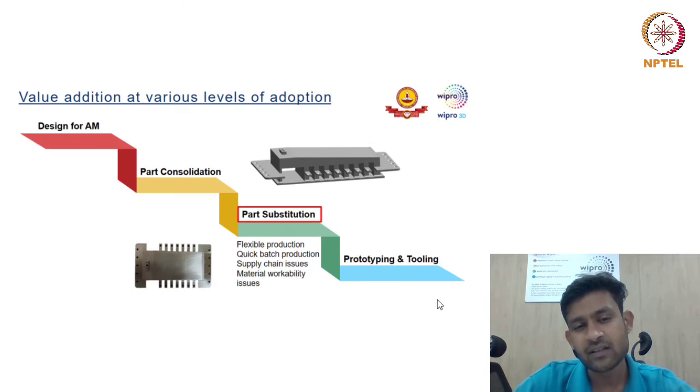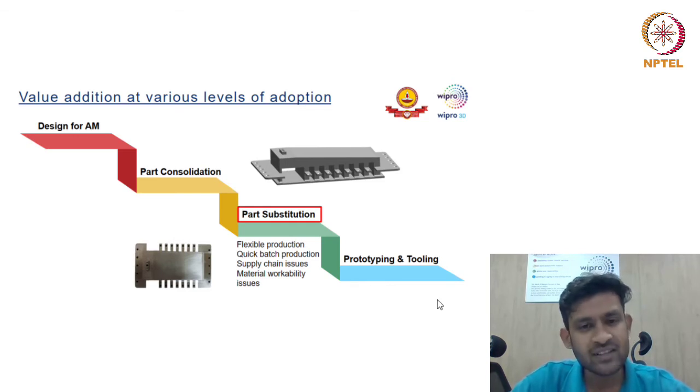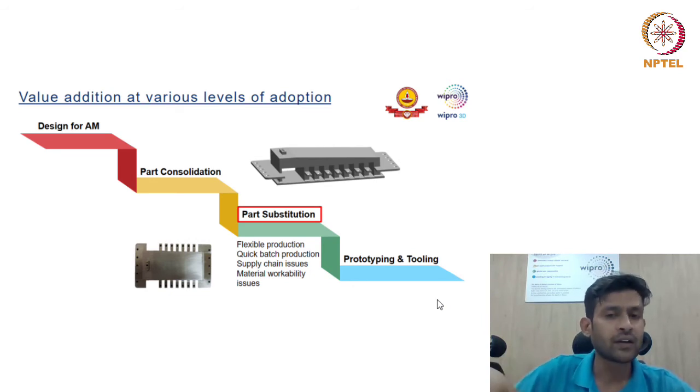So what are the benefits that we are trying to reap through part substitution? One of the benefits is that we are trying to facilitate lower minimum buys. The other one is we are manufacturing a near net shape part which might save a lot of time for a few of the designs where 90% of the material is being machined out.